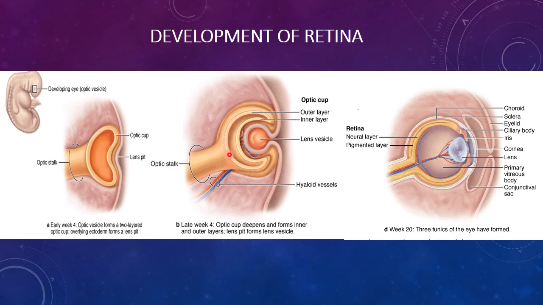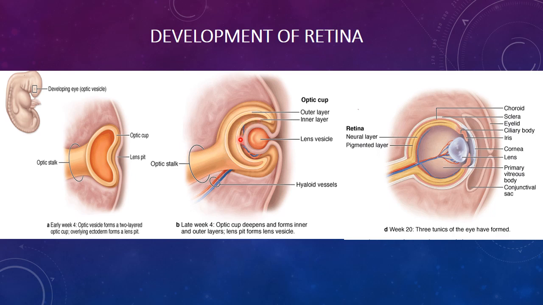The outer layer develops into the pigment epithelium of the retina, and the inner layer makes up the functional component of the retina, that is its neural layer, or the neural retina.